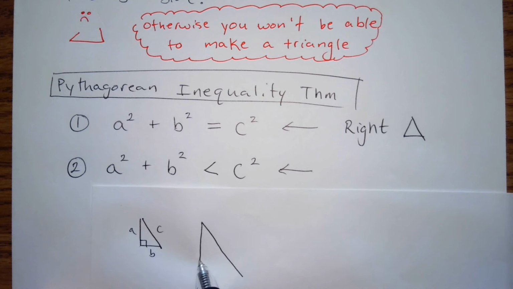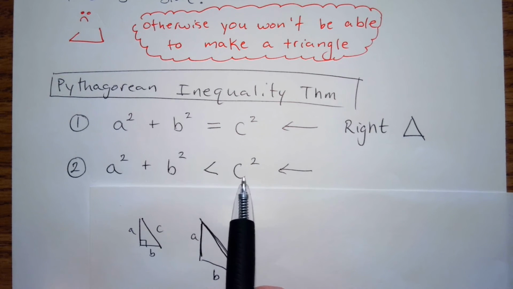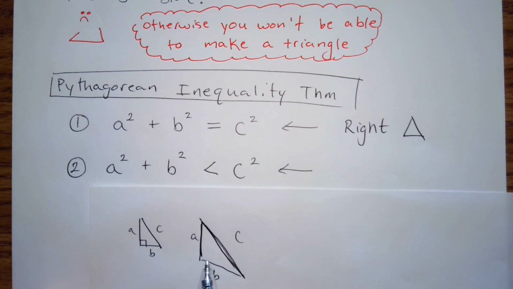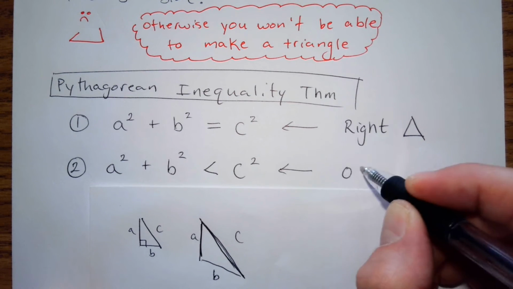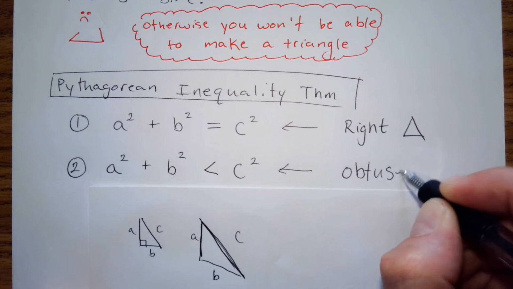But if I kept that distance the same and extended C, where C is bigger, so that C squared is bigger than this stuff, what kind of triangle does this look like? Obtuse triangle. So this would be obtuse.